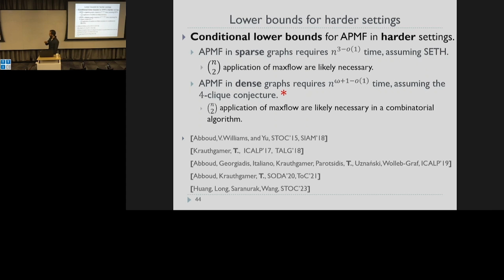And if you assume those algorithms, then you get here an n to the fourth time lower bound, assuming the four-clique conjecture. If you only use combinatorial algorithms and don't use fast matrix multiplication methods, that would also mean that the naive approach is the best.